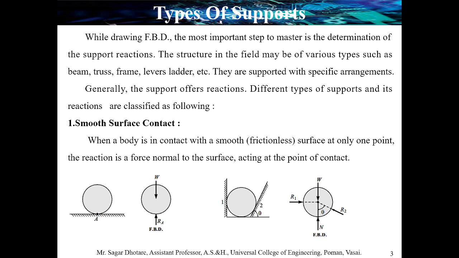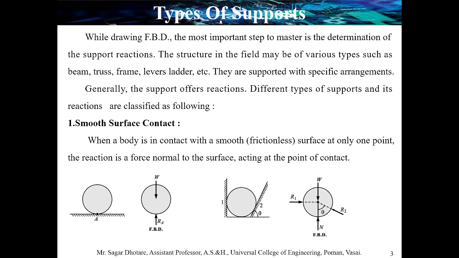So basically there are different types of supports. We will discuss one by one. The main concept of converting the problem into the forces and reactions is called a free body diagram.